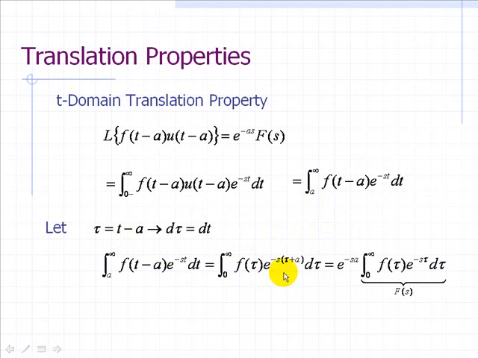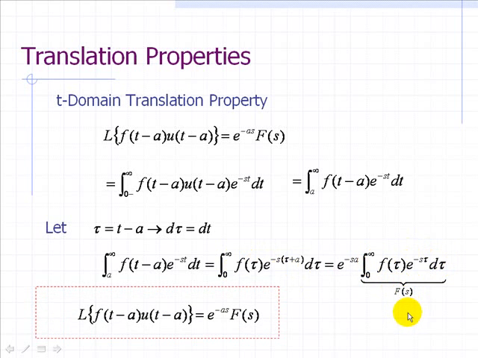Since e to the minus sa is not a function of tau, we can pull it out of the integral, and now we recognize this expression is just the definition of F of s. So a time delay of a corresponds to multiplying its Laplace transform by e to the minus as.